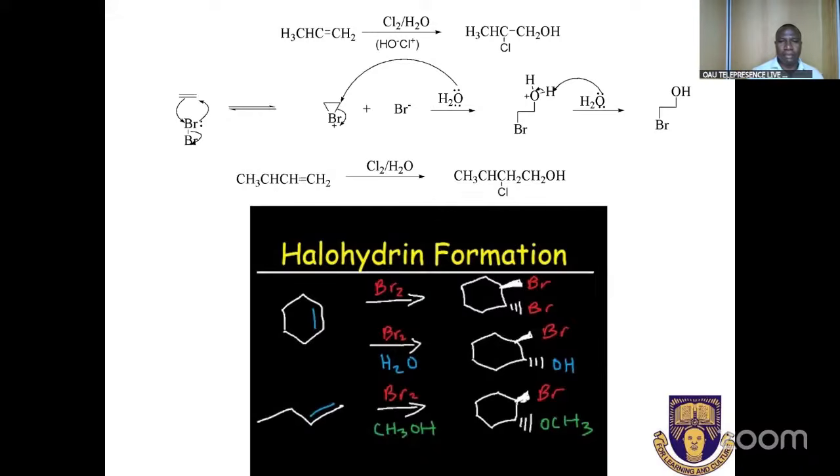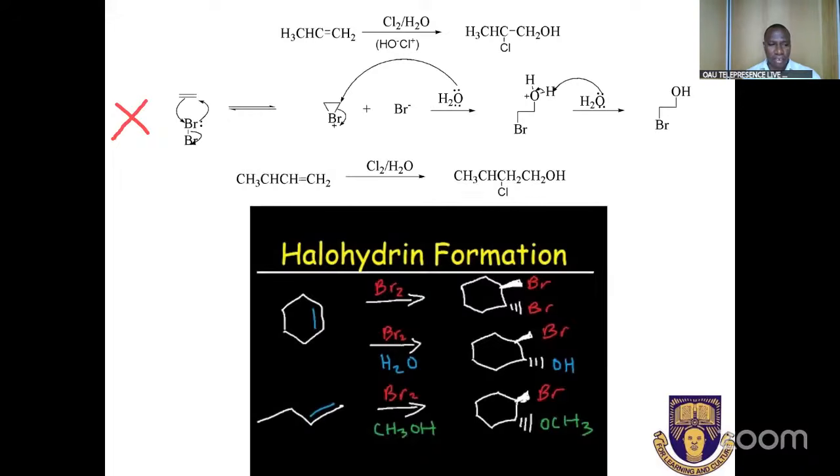Okay, the easiest way to understand this is if you look at the next equation here. I'm trying to show you the order in which the reaction happens. We talked about it when we were looking at halogenation of alkenes.